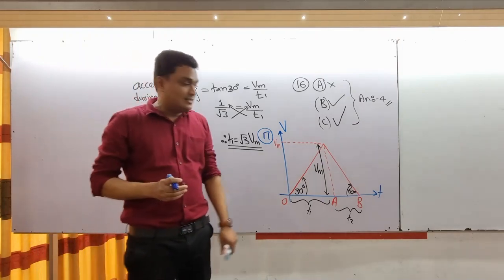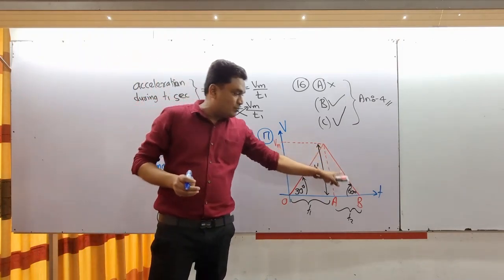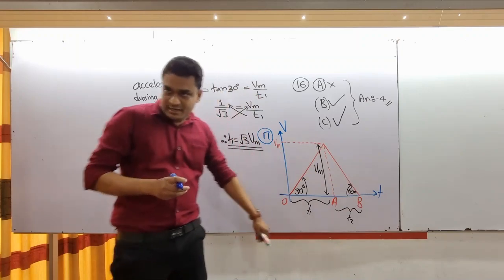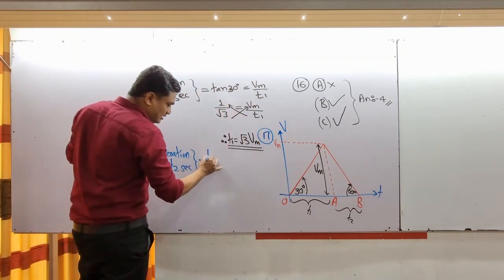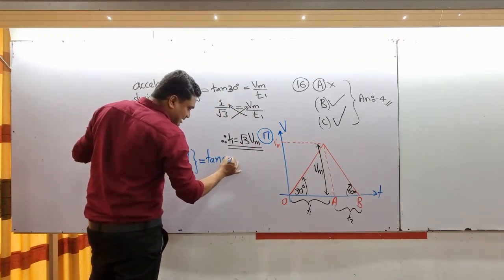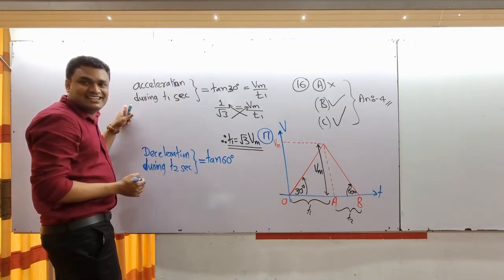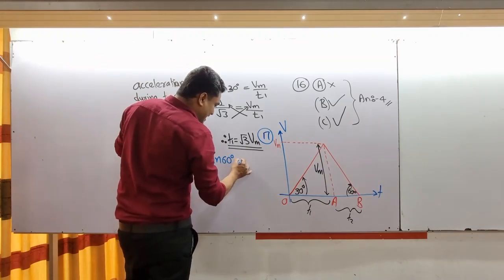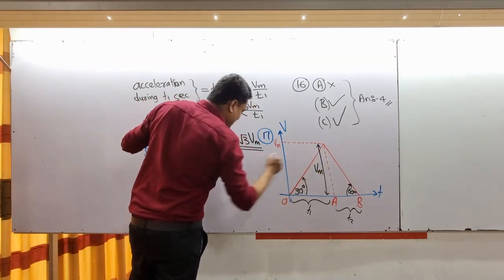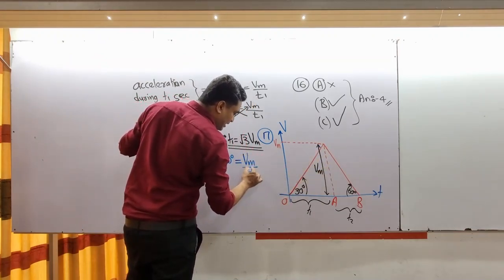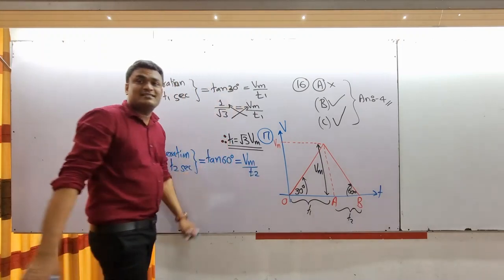Why do I say it's a deceleration? Velocity is reduced from Vm to 0. Am I right? So deceleration is tan 60. What is tan 60, dear? Root 3. Tan 60, according to the triangle, is opposite side divided by adjacent side.